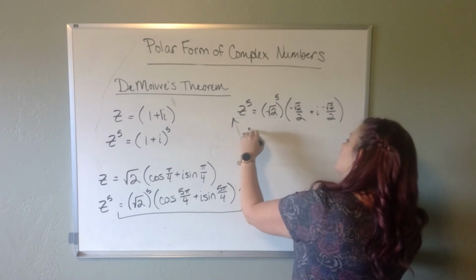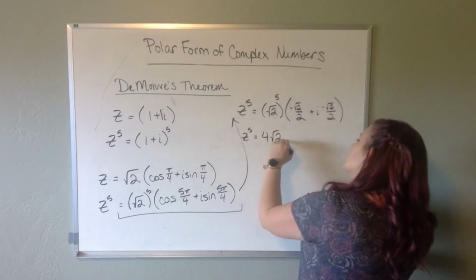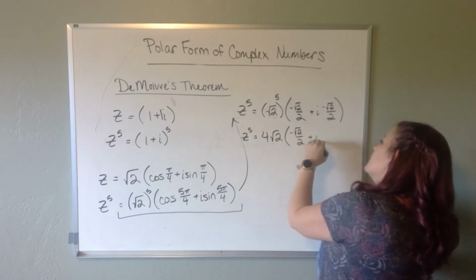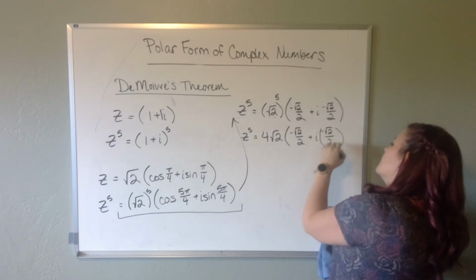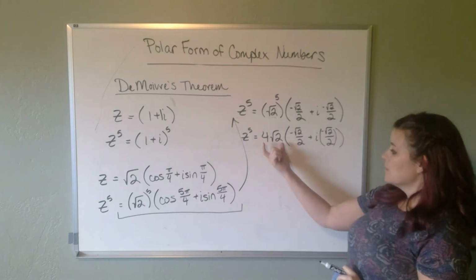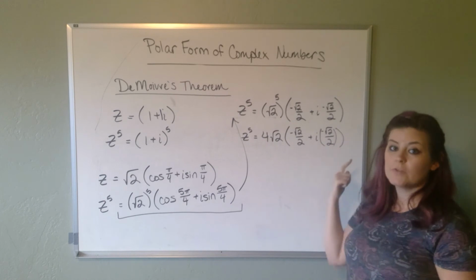So let's write it like that. Instead of writing square root 2 to the 5th, I'm going to write 4 root 2, times negative root 2 over 2 plus i times negative root 2 over 2. What I want you to do here is multiply r. Remember, you need to distribute, so multiply it to both terms.